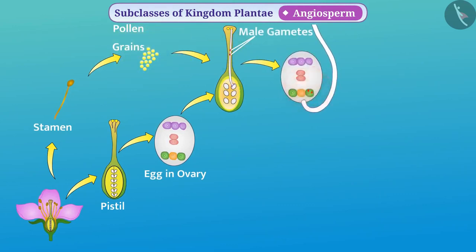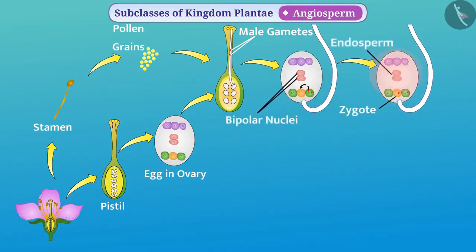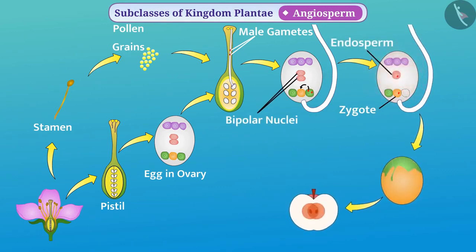One of these male gametes fuses with an egg cell to form zygote, and the second male gamete fuses with bipolar nuclei to form an endosperm. Then the zygote develops into the seed and the ovary develops into the fruit.